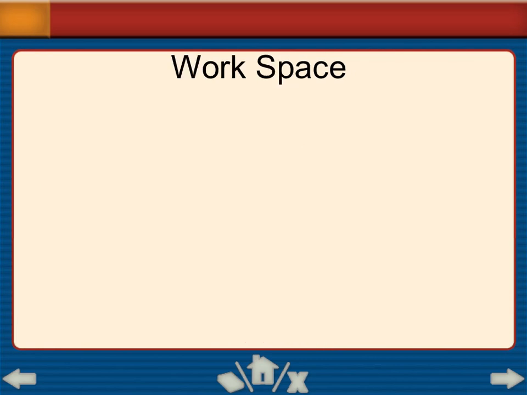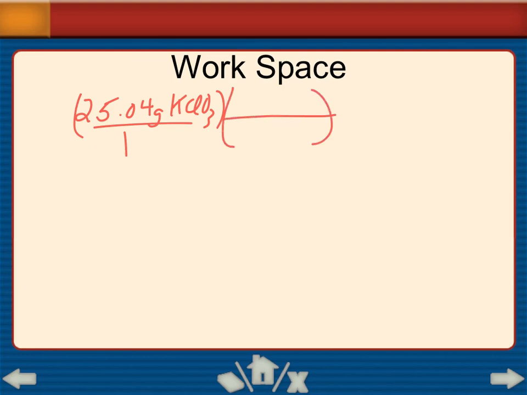Well, we have 25.04 grams of KClO3, potassium chlorate, and we need to convert that to moles. So you have to figure out the molar mass, which is 123 grams per mole of KClO3. And we eventually want to know how many moles of O2 are going to be made.